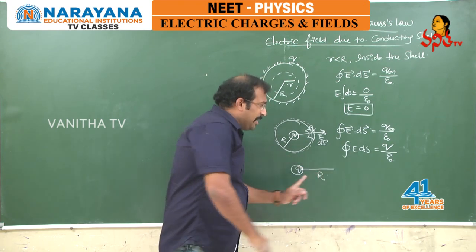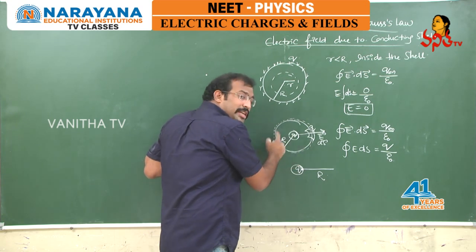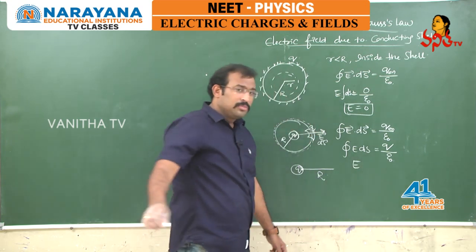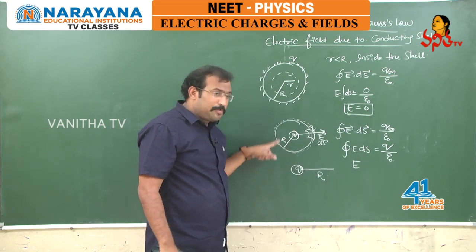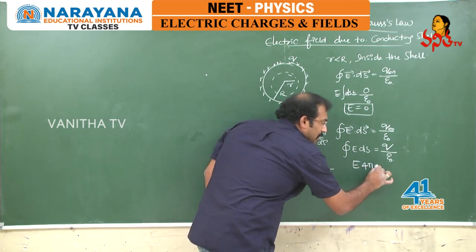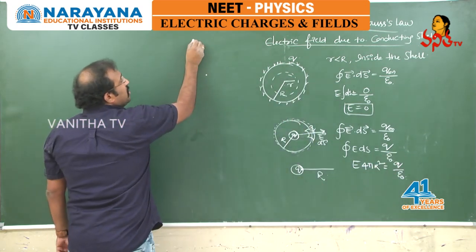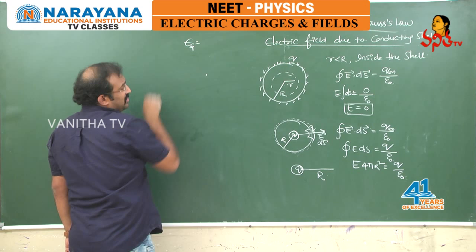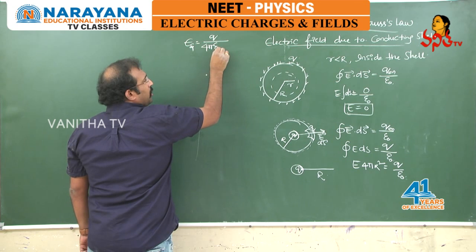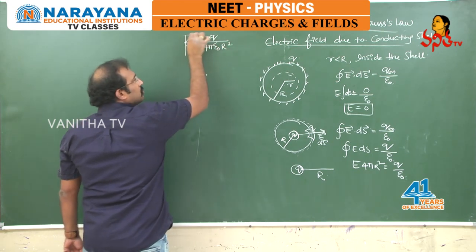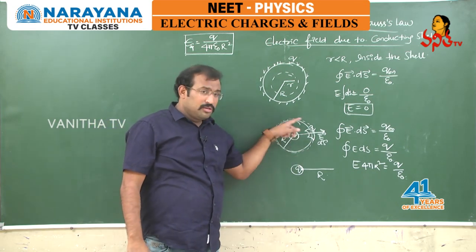E I will bring out, because at the distance R it is the same everywhere, it is constant. So I write E times the closed line integral of ds, and the total surface area of this spherical shell is 4 pi R square, which is equal to q by epsilon naught. Now the electric field on the surface can be written as q by 4 pi epsilon naught R square. So this is the electric field on the surface of the shell.